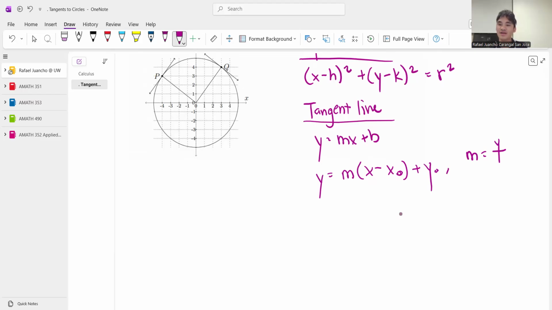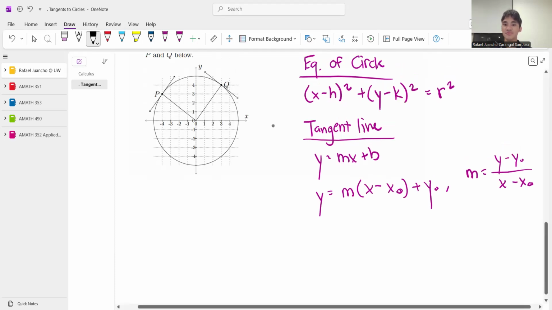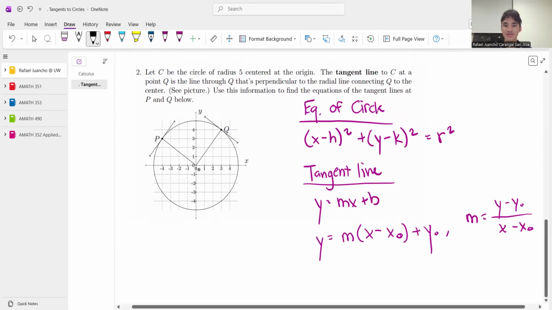Okay, so we're just looking at tools that we can use. We're not solving the problem yet.